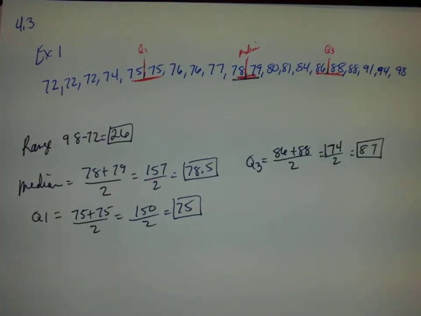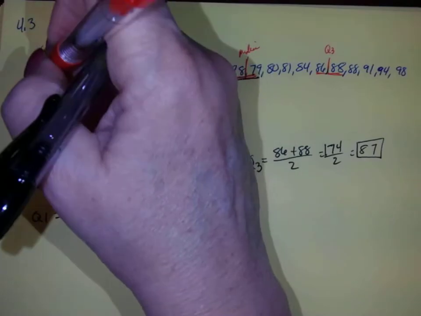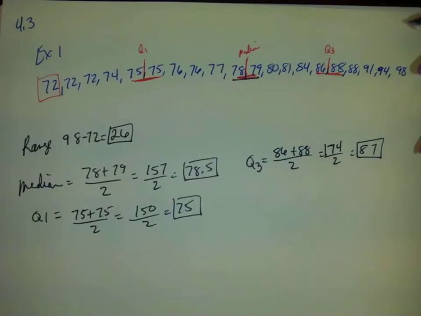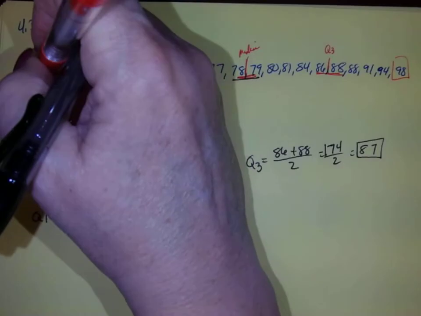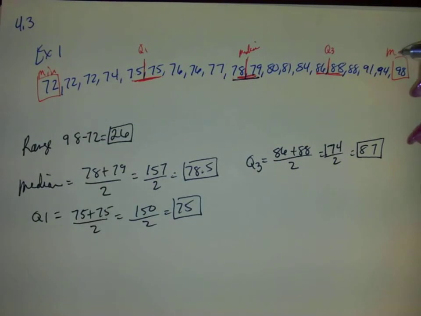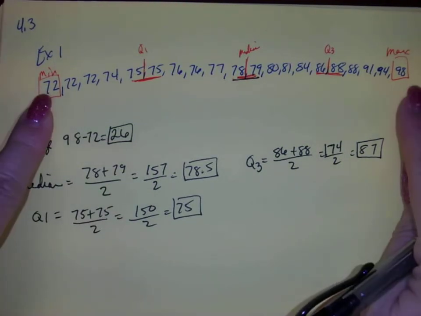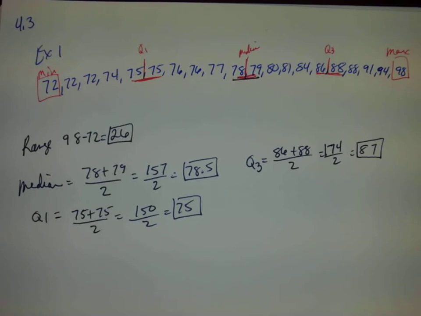All right, now I have 2 more values. I need my min, my lowest number, and my max. Those are just going to be the end numbers. You don't have to do any calculations for that.